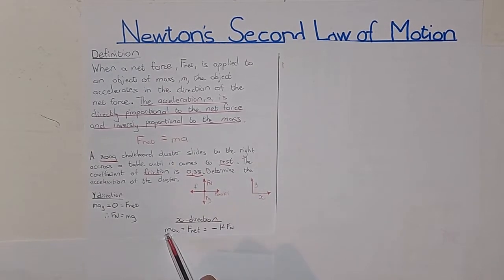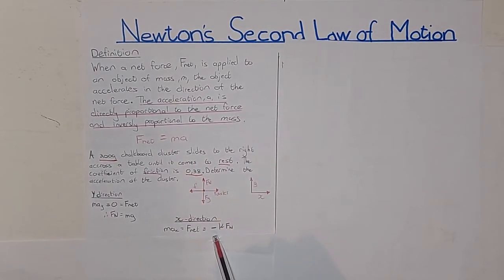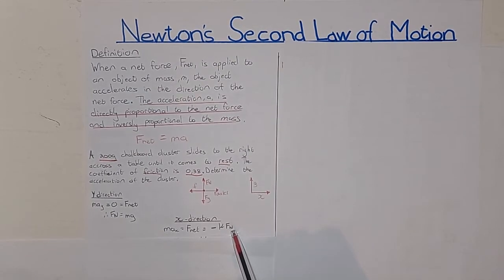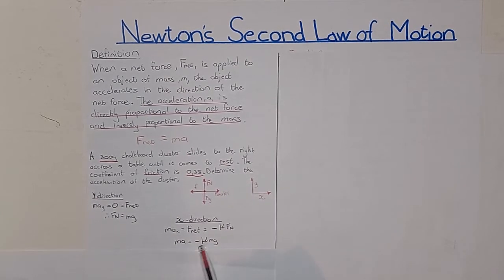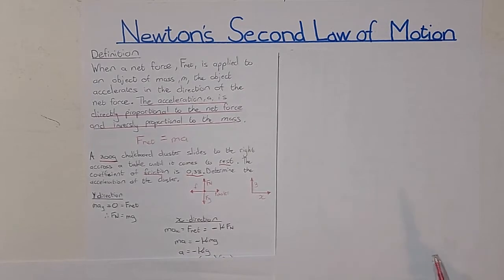Once again, ma is equal to F net, but I also know that negative coefficient times Fn is going to give me F net in the x direction. So ma is equal to negative coefficient times mg, because that's what Fn is. Substitute.